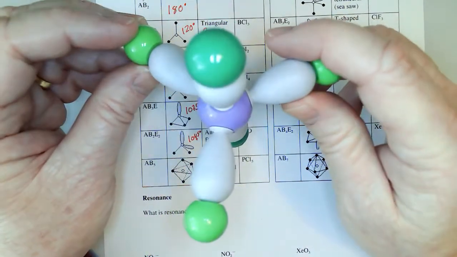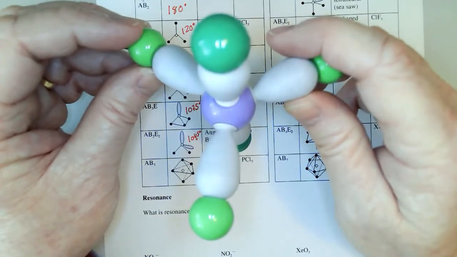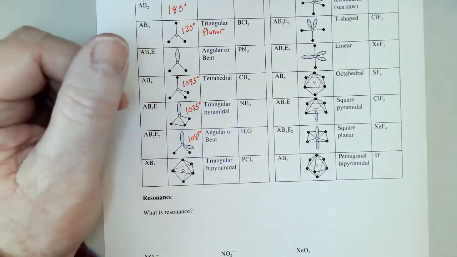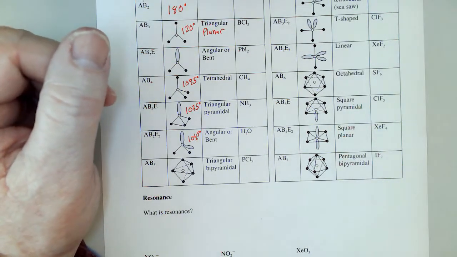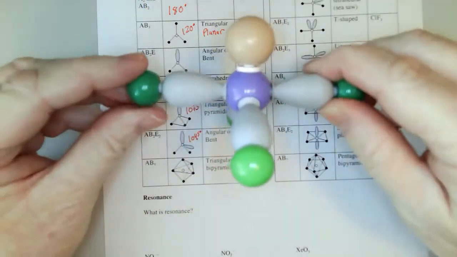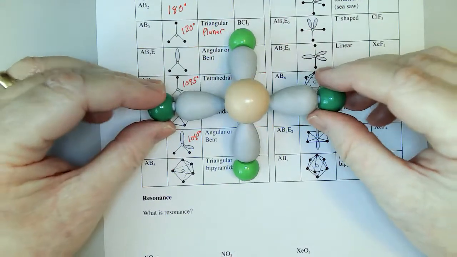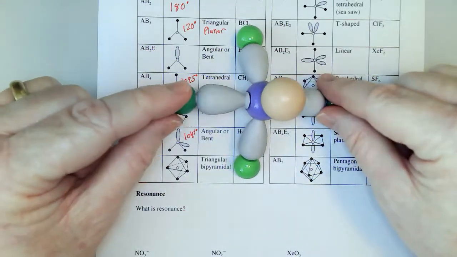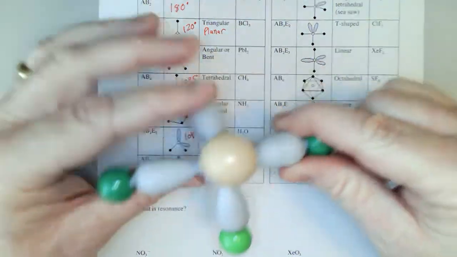Triangular bipyramidal. Now, if I take one of these atoms off and replace it with a lone pair, I get this, which is typically called a seesaw, although the technical name is irregular tetrahedral.